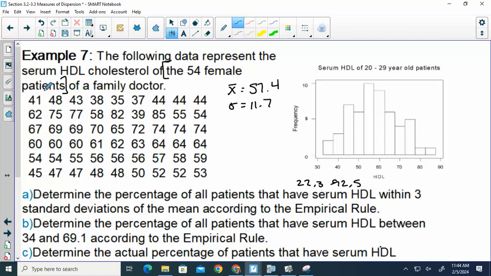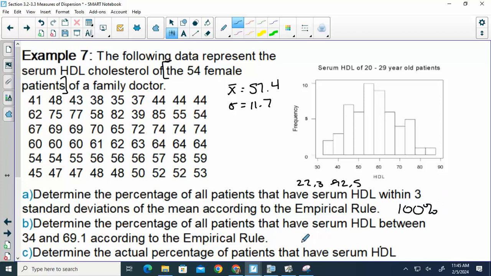So how many of them don't fit in that window? Are there any? No, so it says 100%, so pretty accurate.